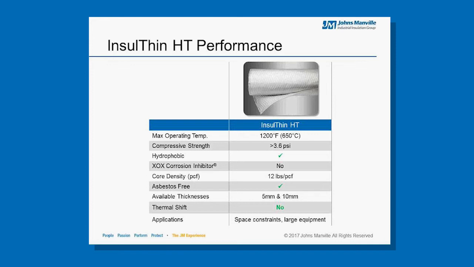And it's great, again, as I mentioned, for space constraints as well as for large equipment. We'll talk more about thermal shift in a couple of slides, as well as the corrosion resistance of this material. But I do want to mention, this product does not have the XOX Corrosion Inhibitor.